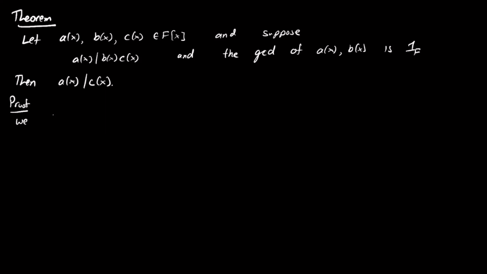So we know that there exist polynomials. Let's see. We're going to have a U(x), a V(x), and another polynomial we'll call F(x), such that two things hold.